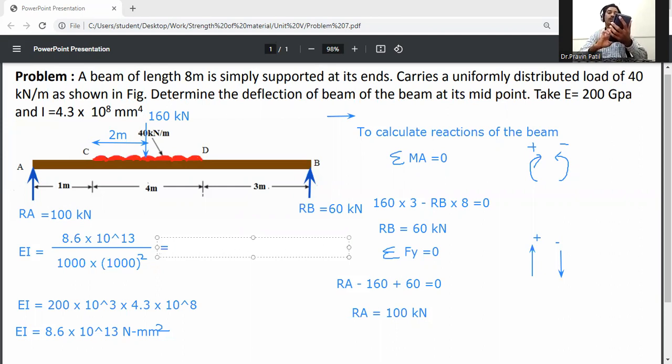It will get 86 into 10 raised to the power 3 kilonewton meter square. Okay, converted this one from Newton mm square to kilonewton meter square. I will note down this one: it is 86 into 10 raised to power 3 kilonewton meter square.